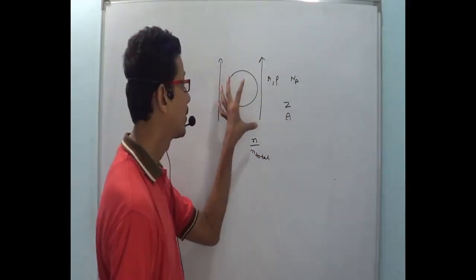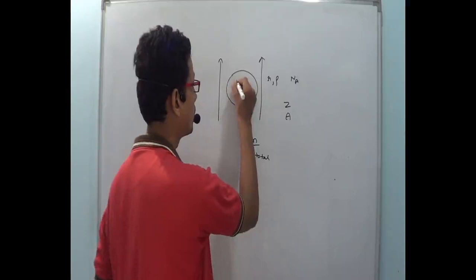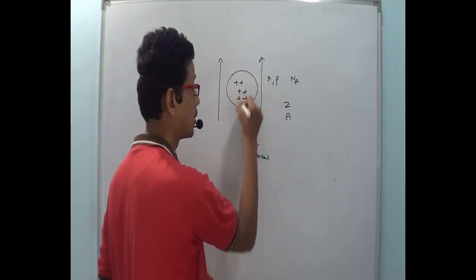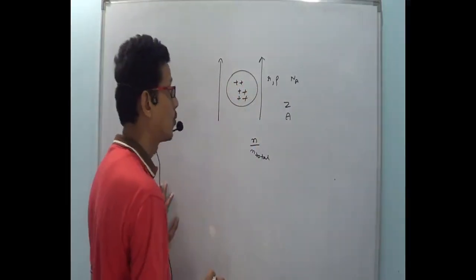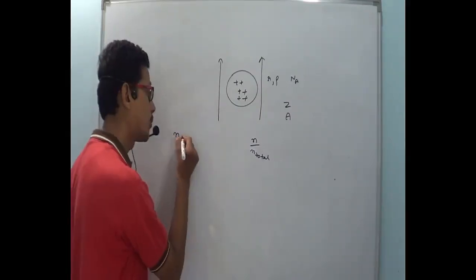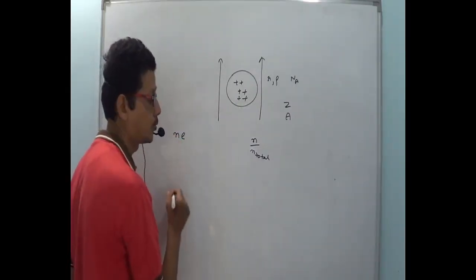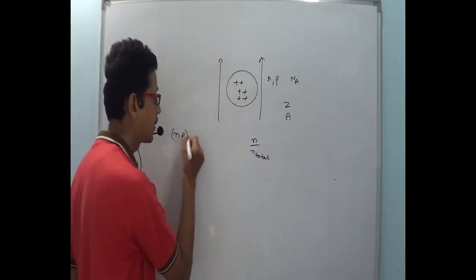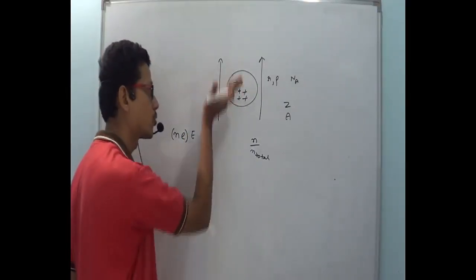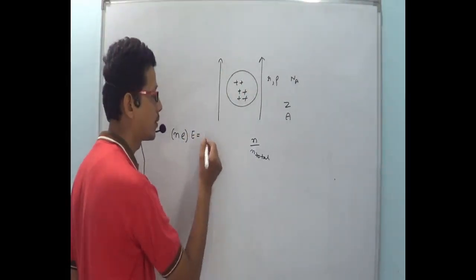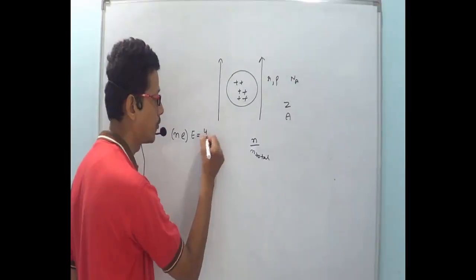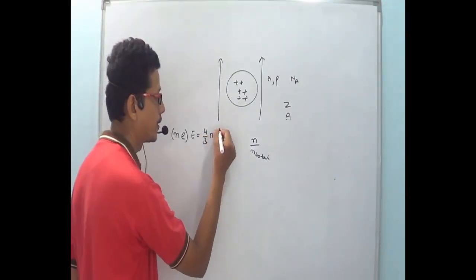First of all, if we remove some electrons, it will be now the positively charged sphere. So, if n electrons are removed, how much positive charge will this gain? Ne positive charge. So, charge into electric field is nothing but force. This force is balanced by downward force. What is this downward force? The weight.